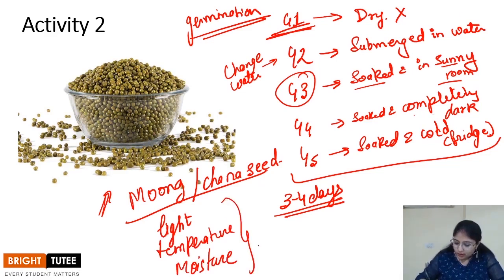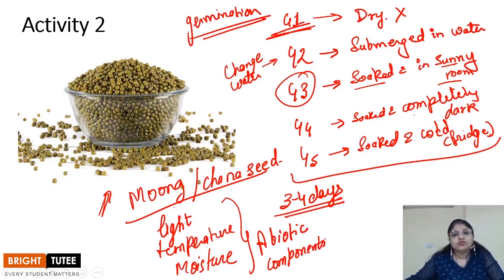This shows how the abiotic components are directly related to the survival of the biotic components. So in this way we understand what adaptation is. These are the features, changes or methods through which the organism learns to survive in a particular environment.